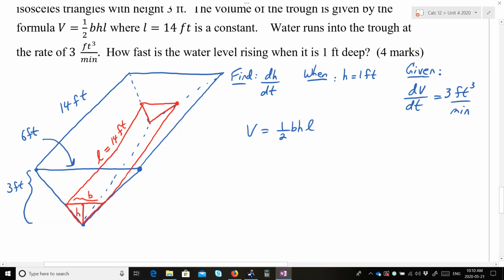As the water level rises, the height changes, h changes, and the base changes, because it's a triangle, and so the base is getting wider as you go up, but that length of the water should remain at 14 feet. That's going to be constant.